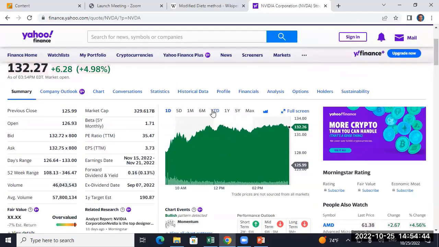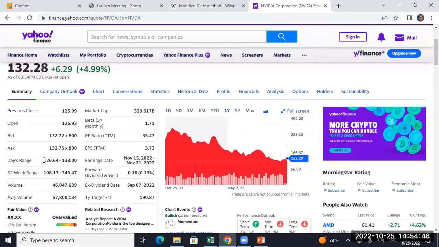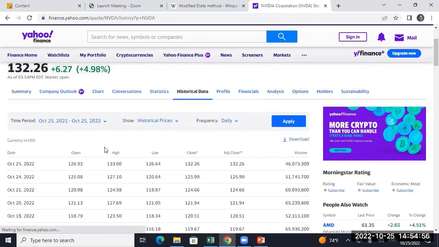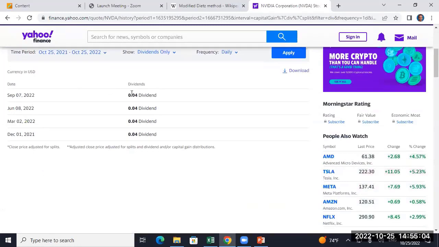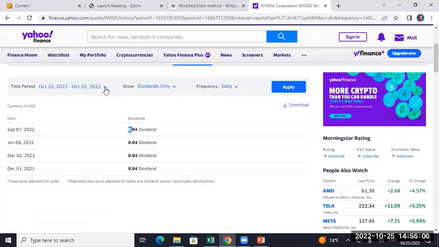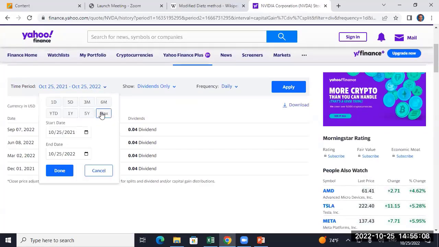So NVIDIA last year doesn't look too good. Well, let's see how they've done. It looks pretty flat these last few months, but we'll look at the historical data. Now, do they pay dividends? Probably not, right? 4 cents. That's almost a 4-cent dividend.